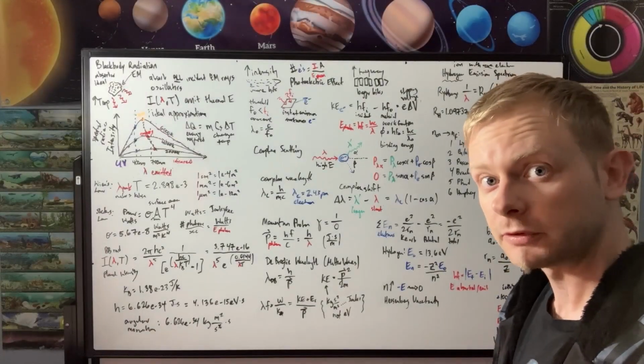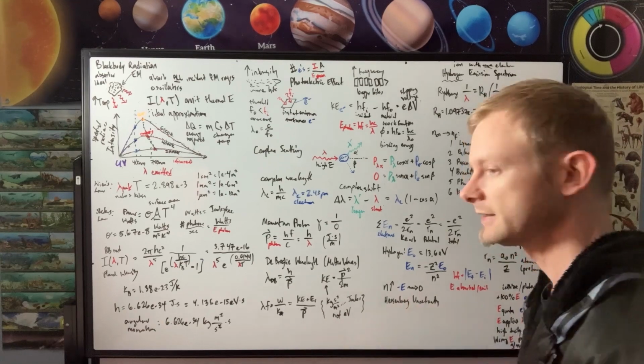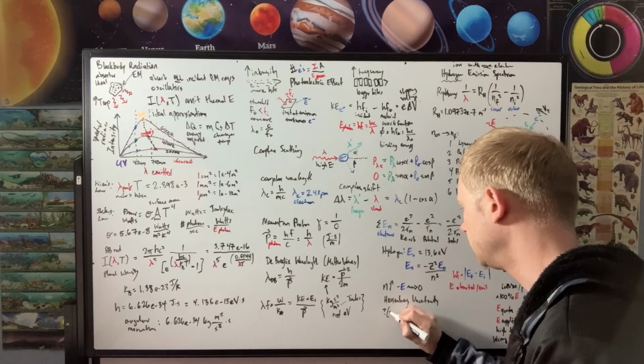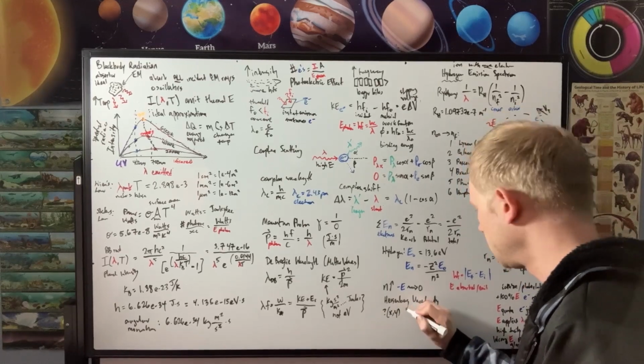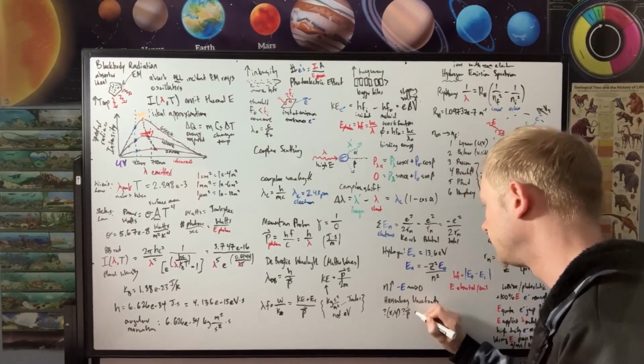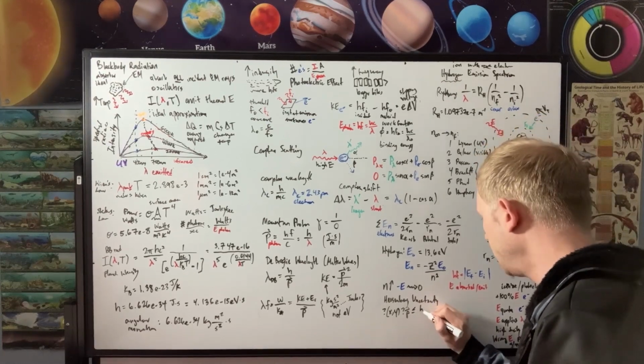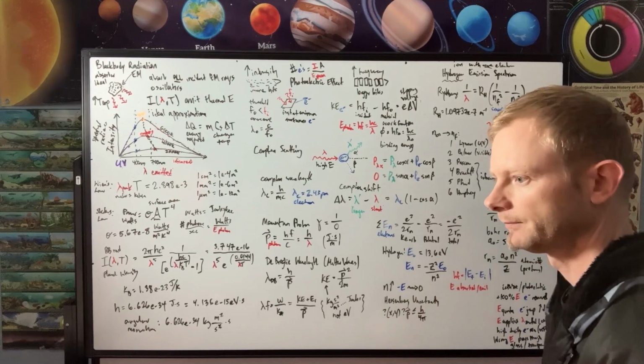Now, one of the most important principles is going to be the Heisenberg Uncertainty Principle, and that tells us that the uncertainty in the position times the uncertainty of the momentum is going to be less than or equal to h divided by 4 pi.